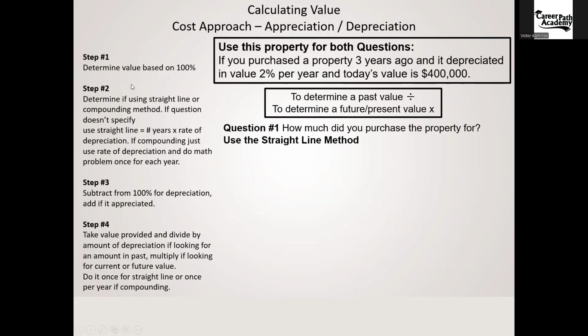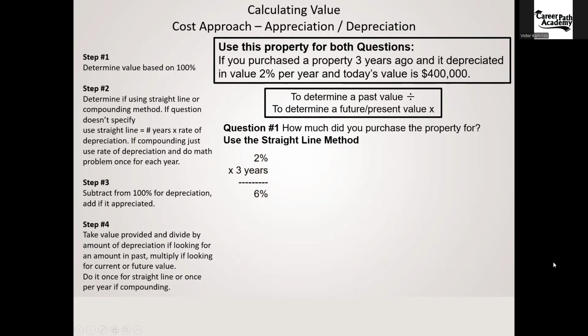So first step, values are based on 100%. We need to determine if we're going to use the straight line method. The problem doesn't say, so because it doesn't say, you would use the straight line method.